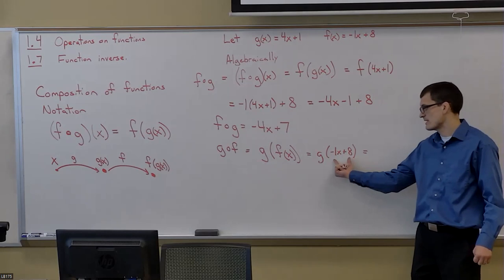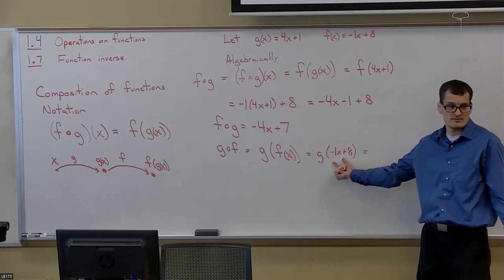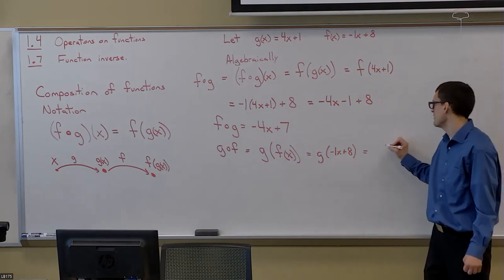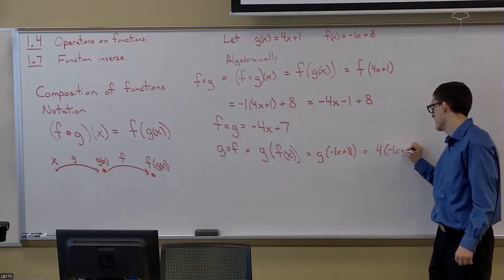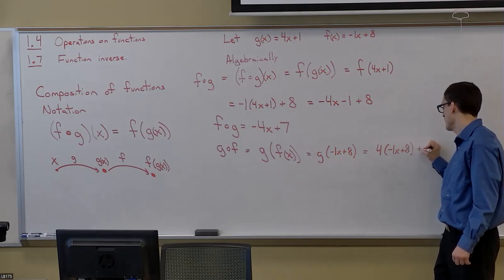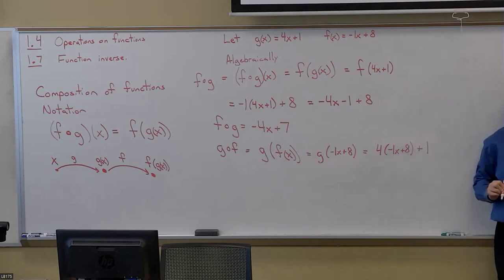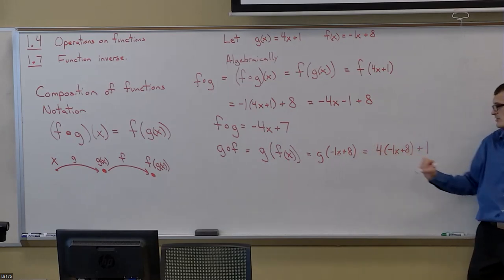Now my number is an ugly thing, but still I can do 4 times that ugly thing plus 1. So 4 times my variable plus 1. My variable happens to be negative 1x plus 8 this time.